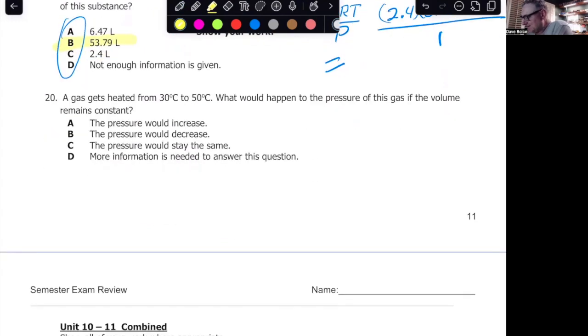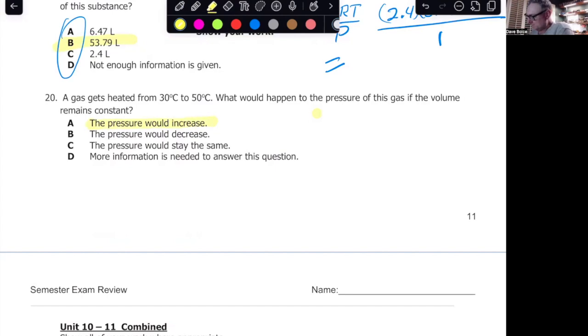Last question. A gas gets heated from 30 to 50. What would happen to the pressure of the gas if the volume remains constant? Okay, so this is going to be temperature and pressure. And so if I increase the temperature and the amount of gas remains the same, the more I increase the temperature, the more the pressure is going to increase.